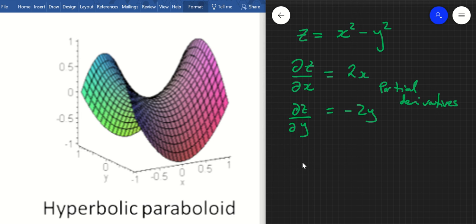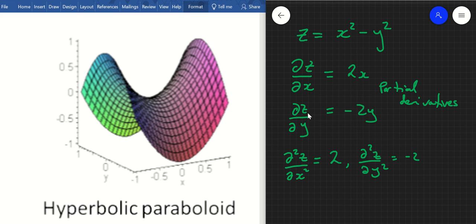Okay, what if we do the derivative of the derivative? Let's do the x derivative of the x derivative. It's just 2. If we do the y derivative of the y derivative, minus 2. So we have these second order derivatives.